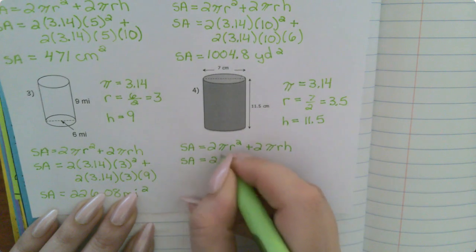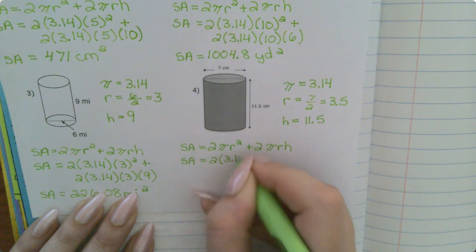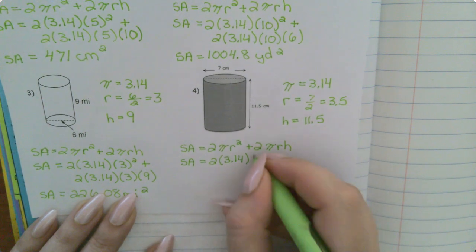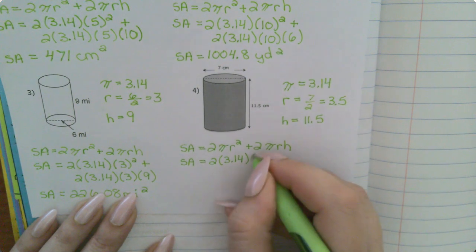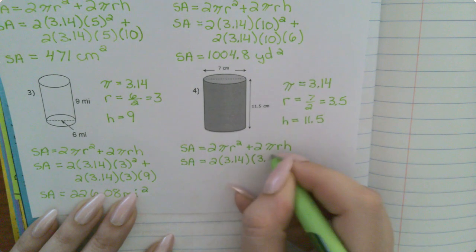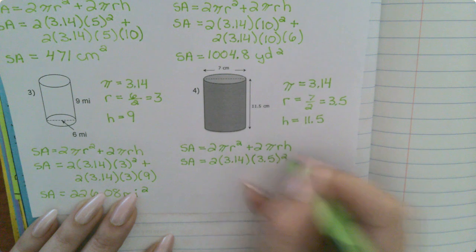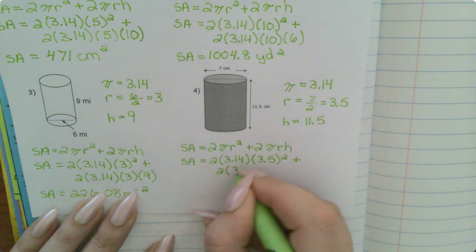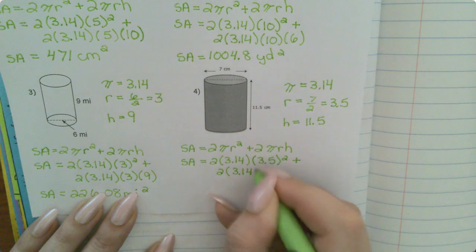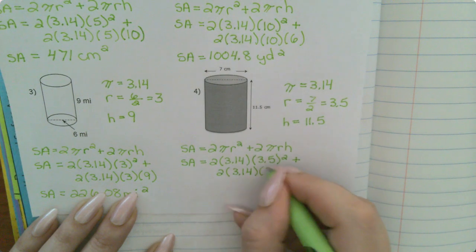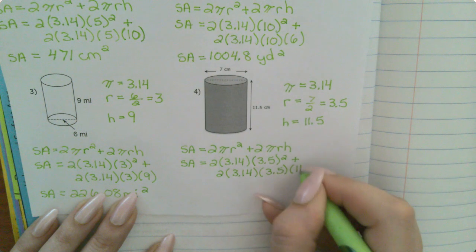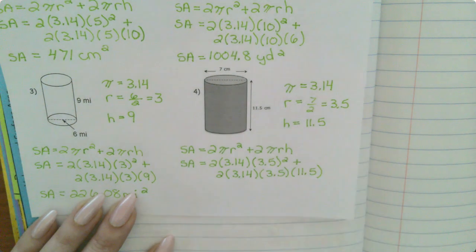So 2 times 3.14 times a radius of 3.5, and that gets squared, plus, then the second part, 2 times 3.14 times a radius of 3.5 and times a height of 11.5.